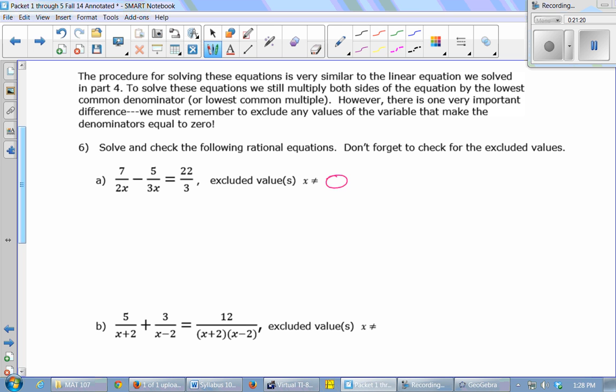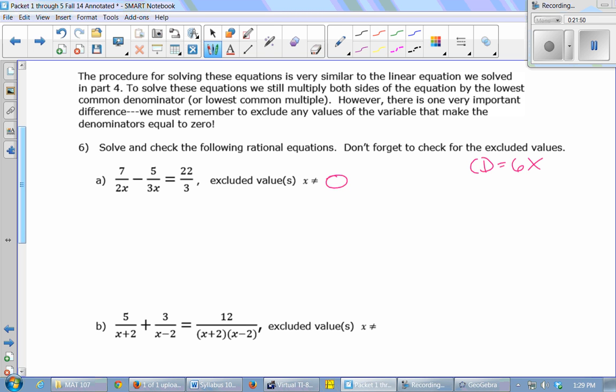So it's kind of like when I do a third and a sixth, right? You could multiply the 3 and the 6 to get 18 as your common denominator, but you don't need to because you could just use 6, right? So you don't have to repeat factors. I don't have to use that x twice. I only have to use it once in the common denominator. All right, so my common denominator, I'll write over here, is going to be 6x in this one.